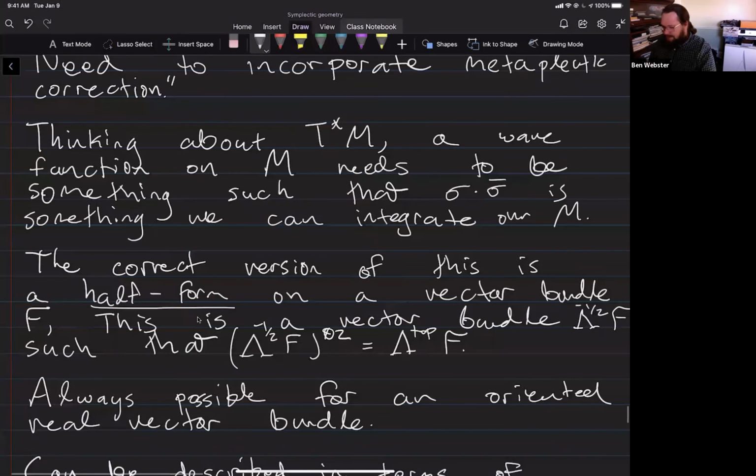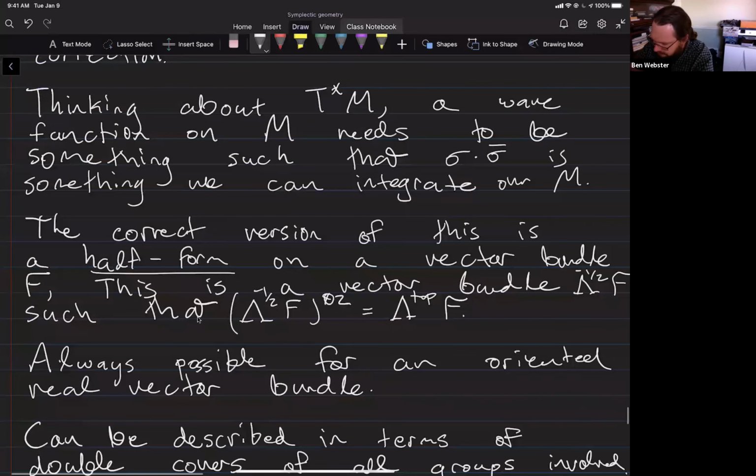Now this is always possible for an oriented real vector bundle. Because for an oriented real vector bundle, you can, why is this?